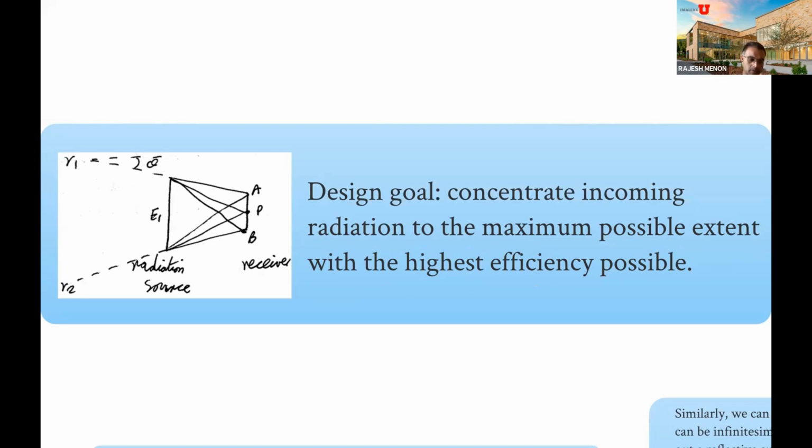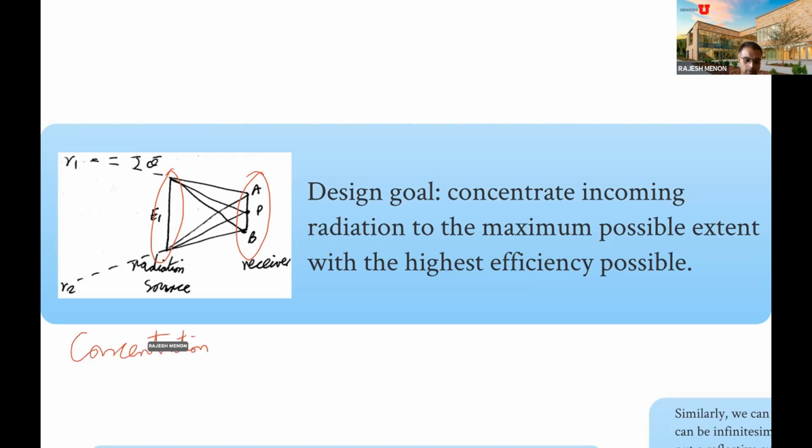So I have a radiation source, shown here, E1, and I have a receiver. I have a source here with some angular extent, and that's a spatial extent, and I have a receiver here. So what is the concentration factor?